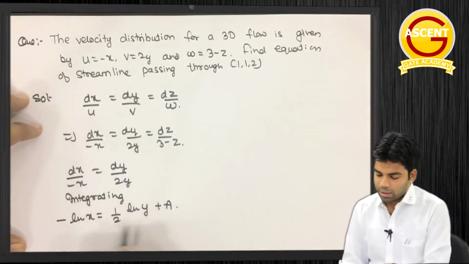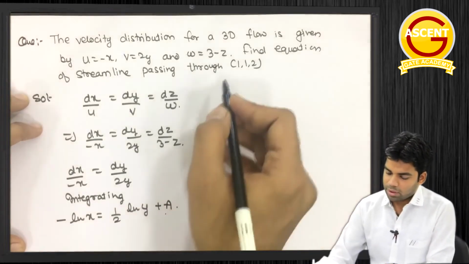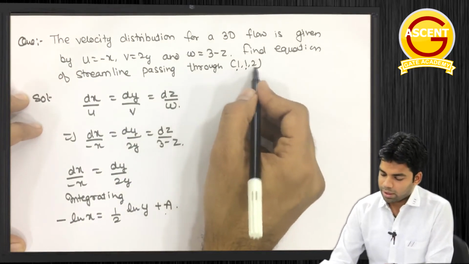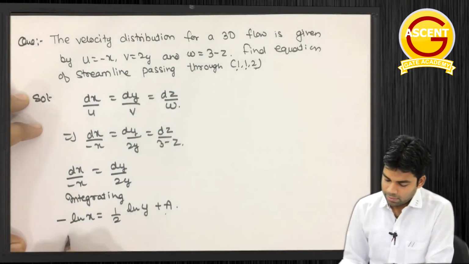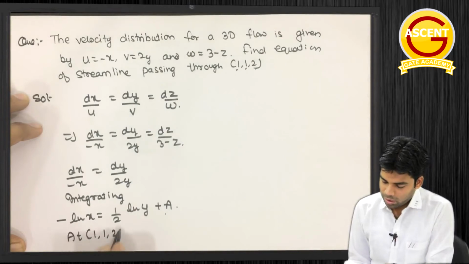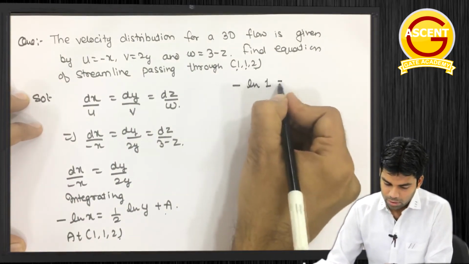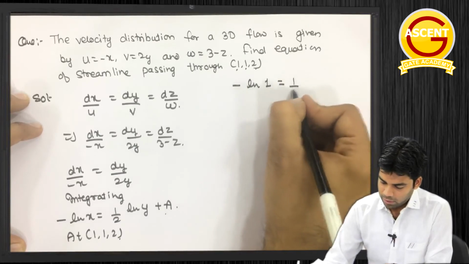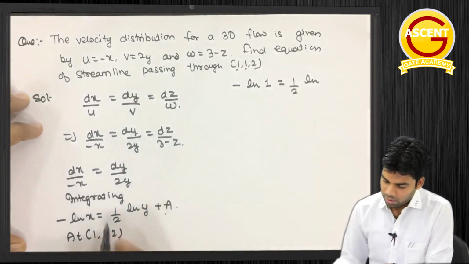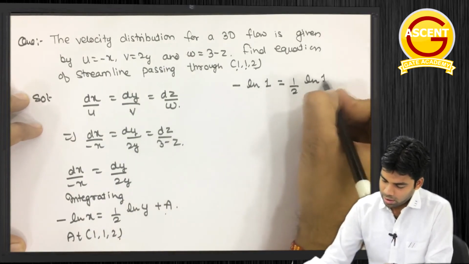Now how can we determine the value of this constant? We have the coordinates as (1, 1, 2). So at (1, 1, 2), minus ln of 1 is equal to half ln of 1 plus a.